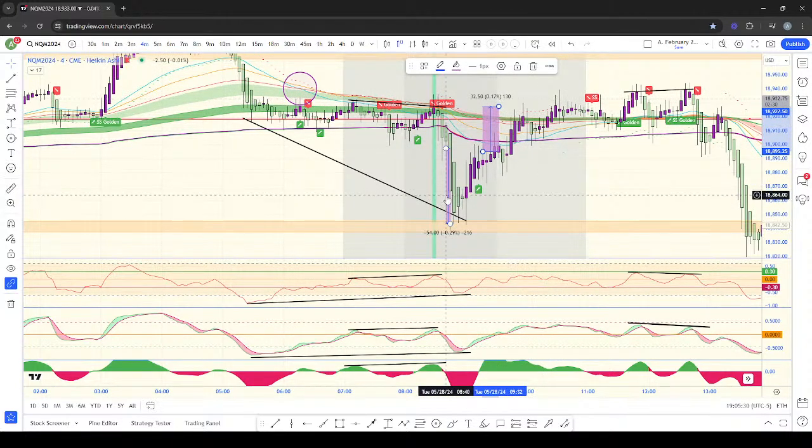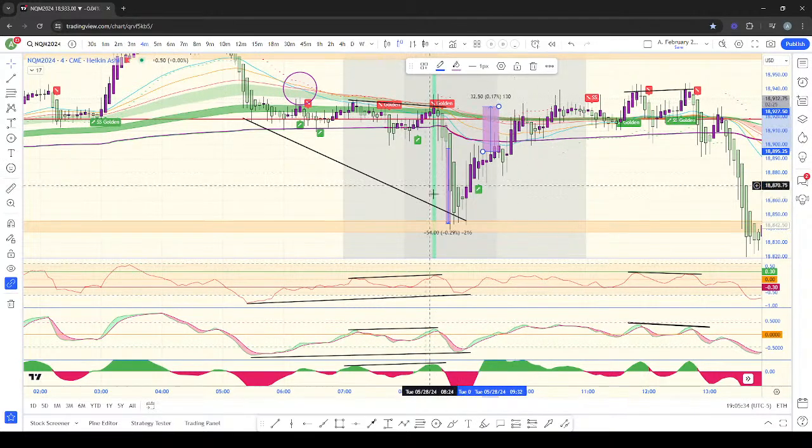So here you have two really nice divergence trades, and you could have gotten between $1,600, maybe a little bit less, $1,200, but definitely did very well today with just two trades.